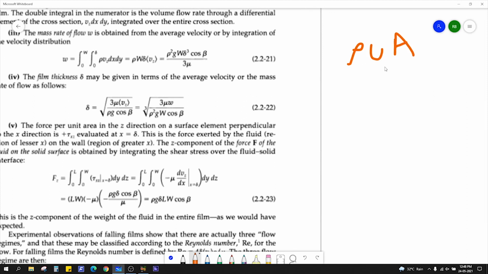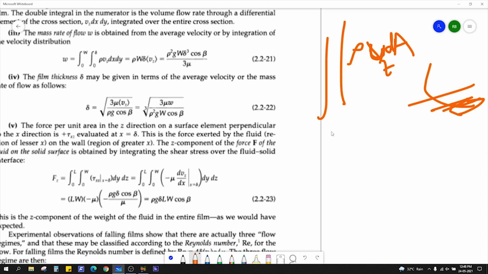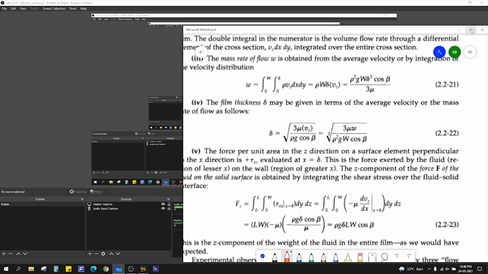Yes. But since v_z is a function of small areas, because the profile is like this, if you take different cross sections, it will be different. So you have to integrate over the whole area. So w, 0 to delta, dA is nothing but dx dy, right?